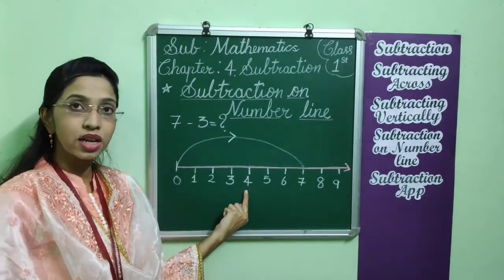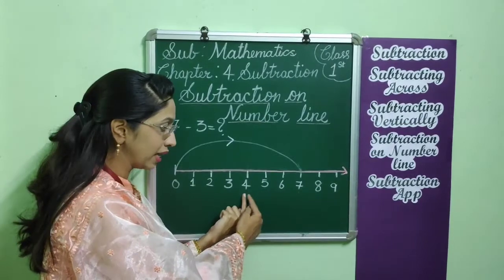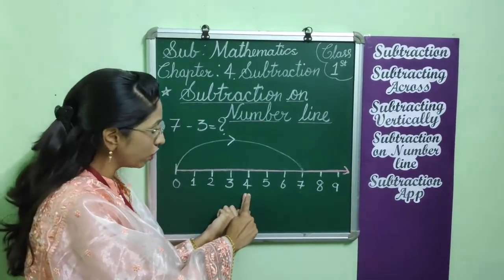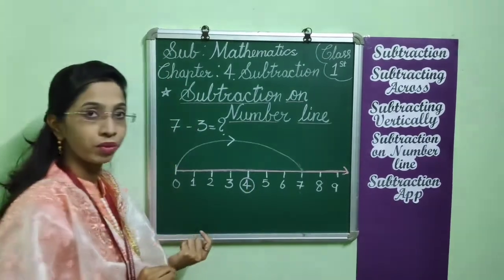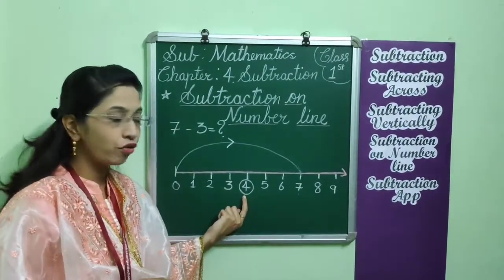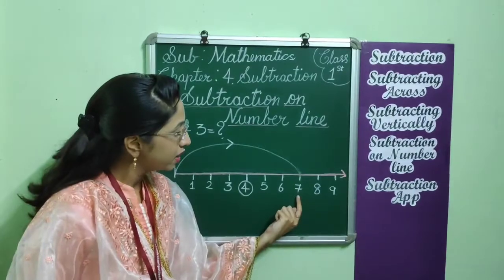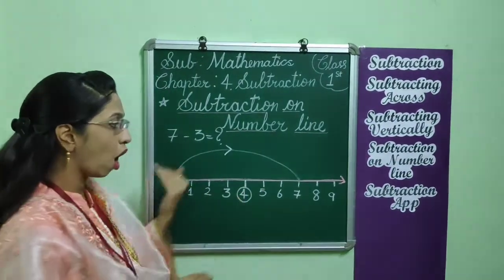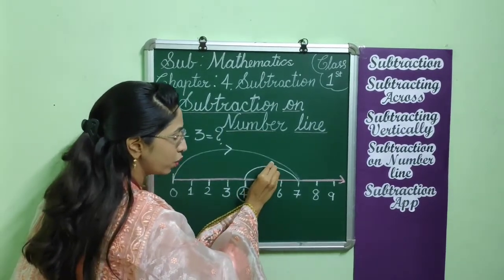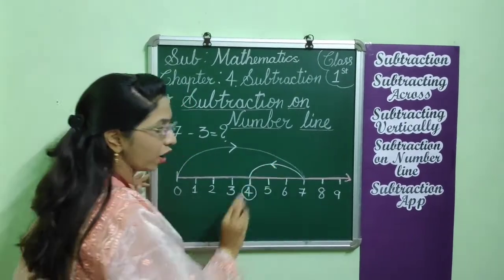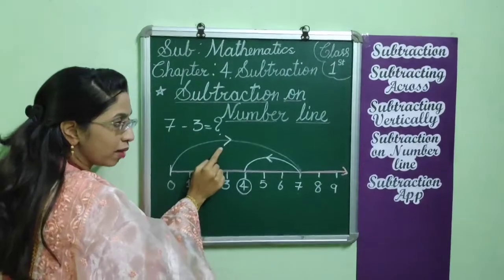After counting 3 places back side, what do we get? We get 4. Yes children, we get 4. Now jump 7 to 4. How are we jumping? Backward. So put a backward arrow. Look carefully. Observe this.